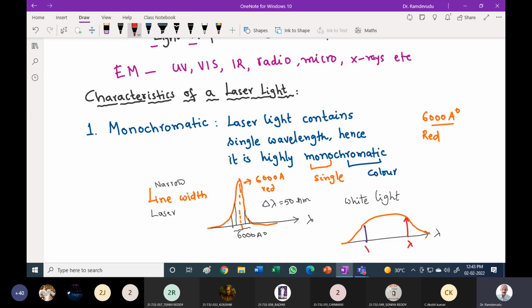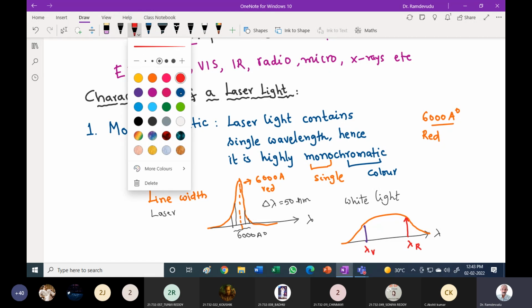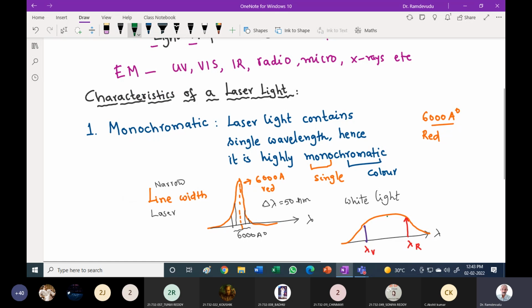This is lambda for violet, this is lambda for red, and here is lambda green, and in between we have all the VIBGYOR colors. So the white light spectrum consists of many colors, many wavelengths, whereas in lasers the line width is very, very short.